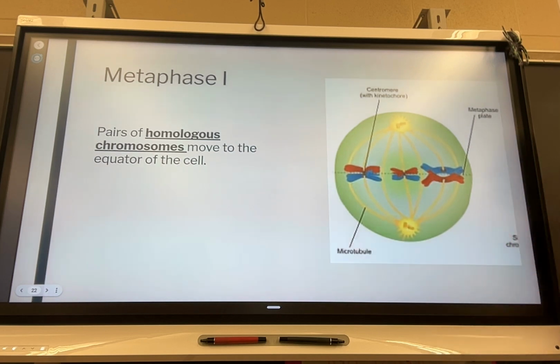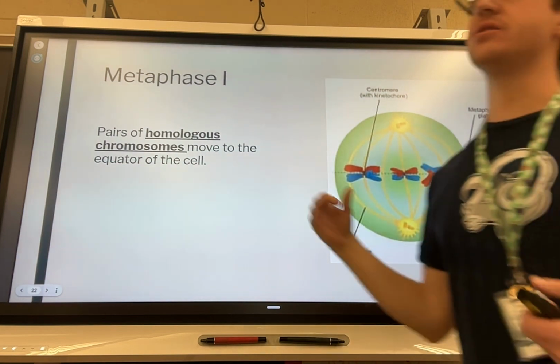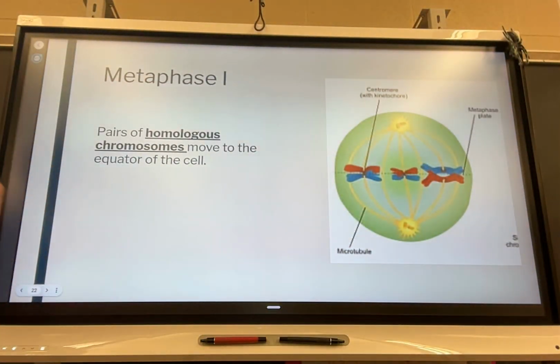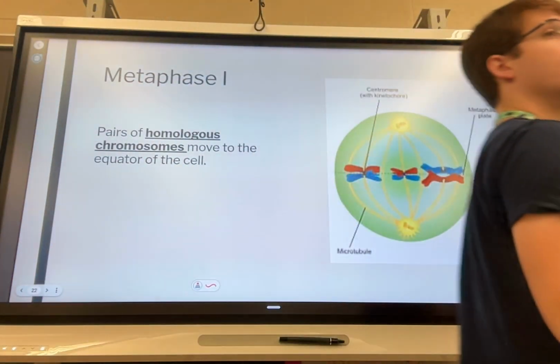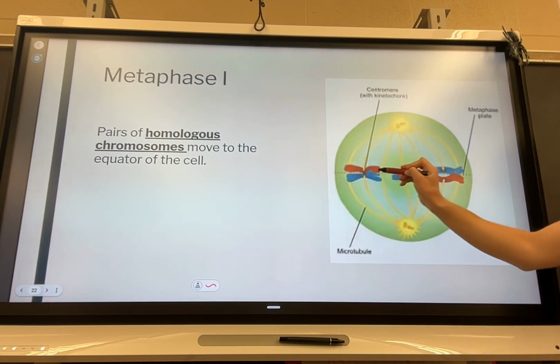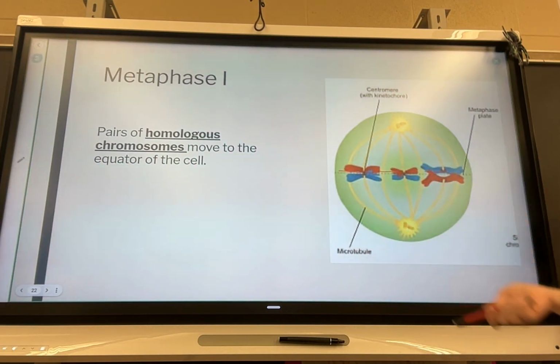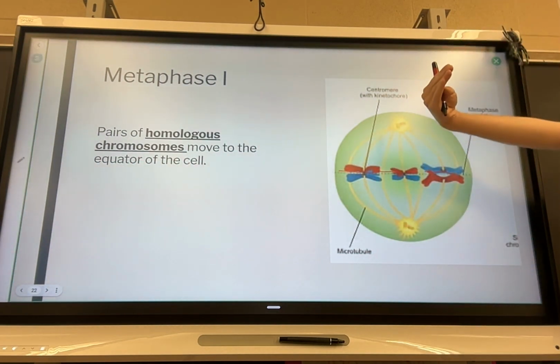So we then move on to metaphase 1. This one's going to act pretty much the same as our metaphase in mitosis. The only difference, as you notice, is that we have our homologous pairs. We have 2 chromosomes that are going to line up again in the middle, with 1 set of chromosomes on one side, 1 set on the other side.